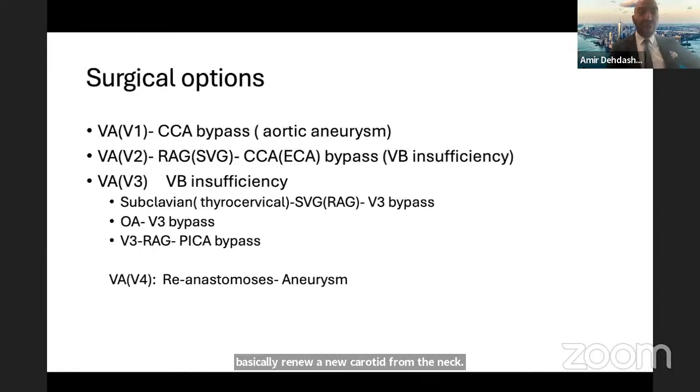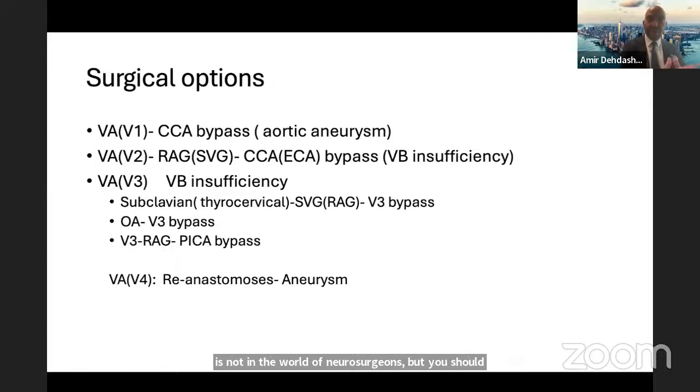So the surgical options, this list is very inclusive. We're starting from the V1 segment. When does a surgeon need to use the V1 segment, which is before the entrance into the foramina, for bypass? Generally it is for aortic aneurysm. It's not in the world of neurosurgeons, but you should know about it.